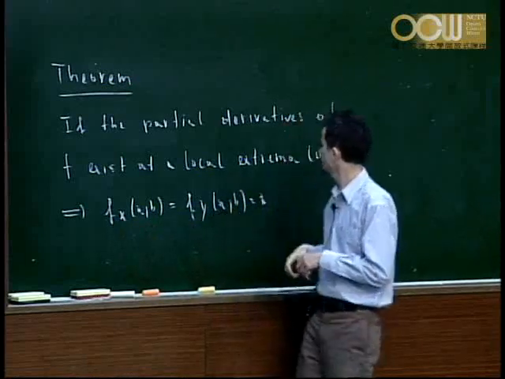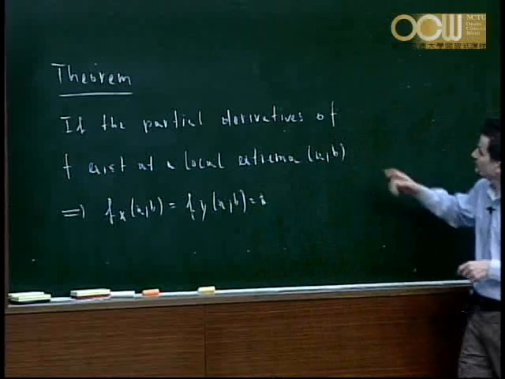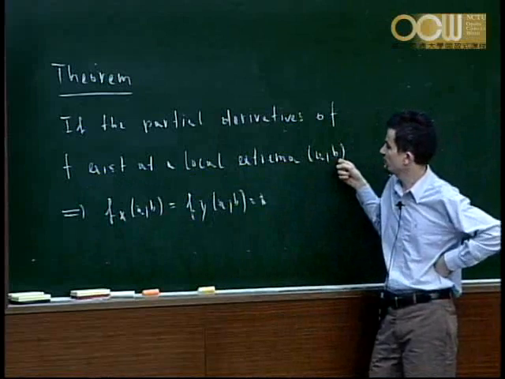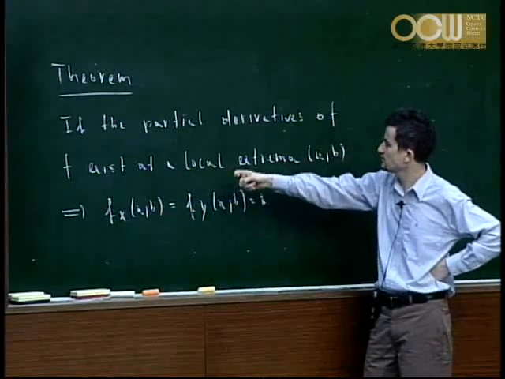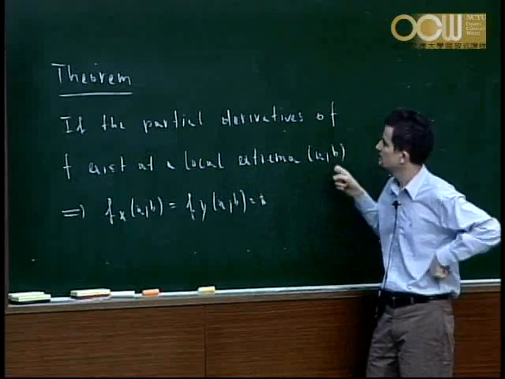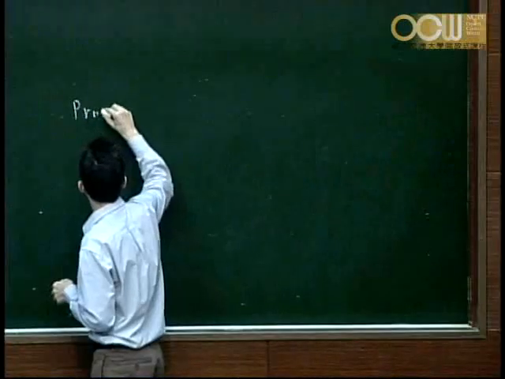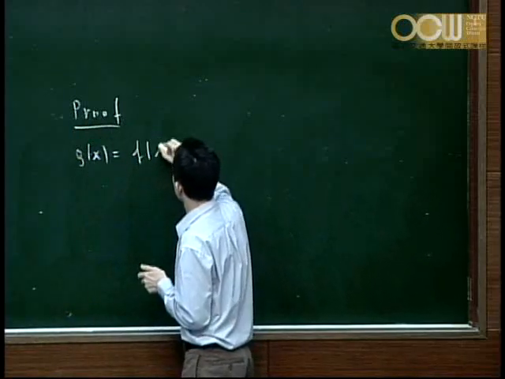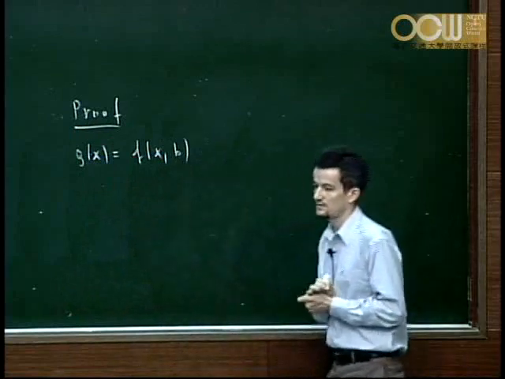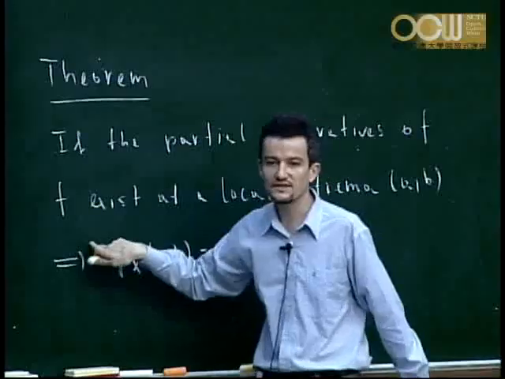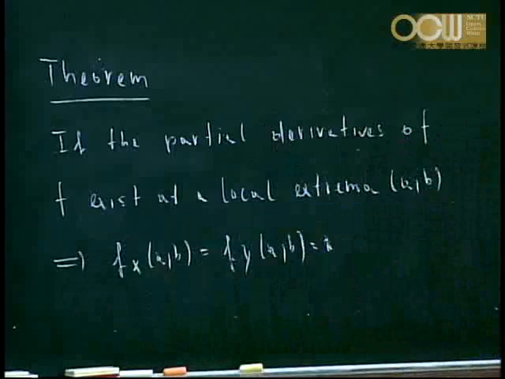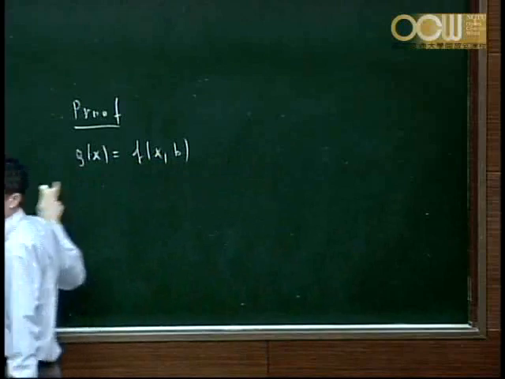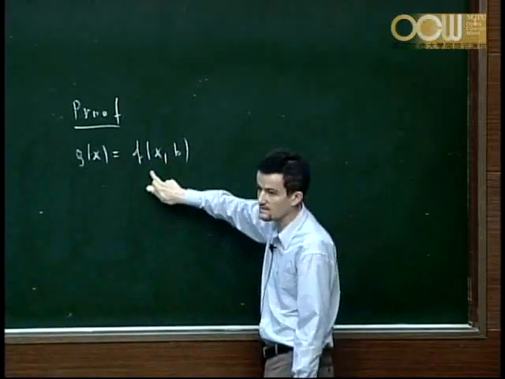If the function f of two variables has a local extrema at a, b, then the following function: you define a function g of x like f of x, b, and because the partial derivative exists, this function is differentiable in the sense of last semester, and because f has a local extrema at a, b, this function has an extrema at a.